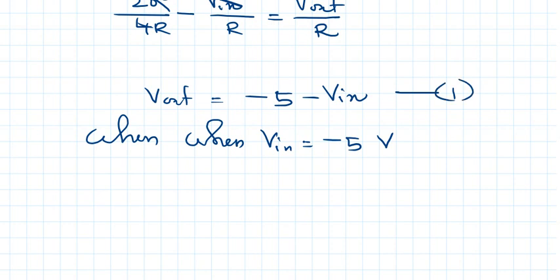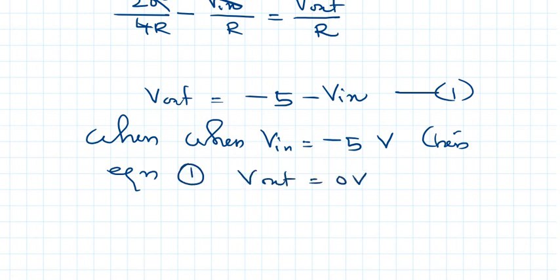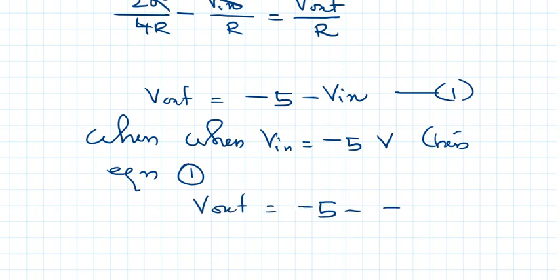Then equation 1, V out is equal to 0 voltage, because I just want to write completely -5 minus (-5) voltage. Okay, that is 0 voltage.